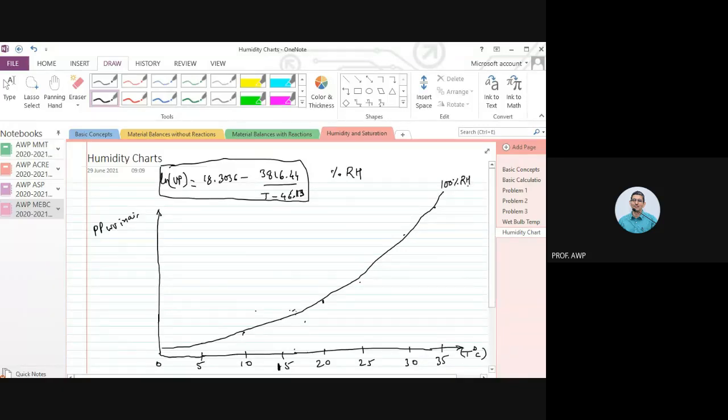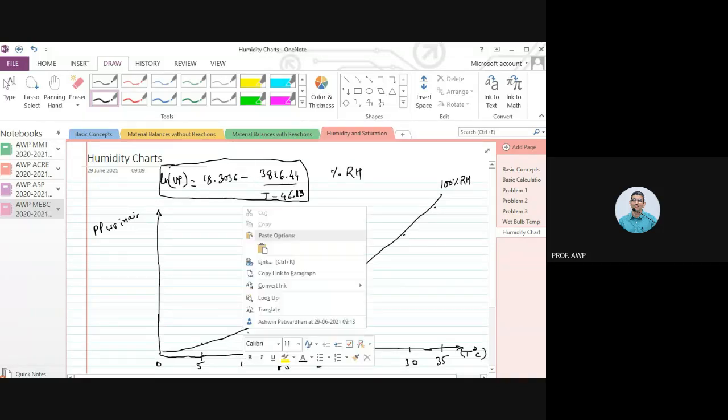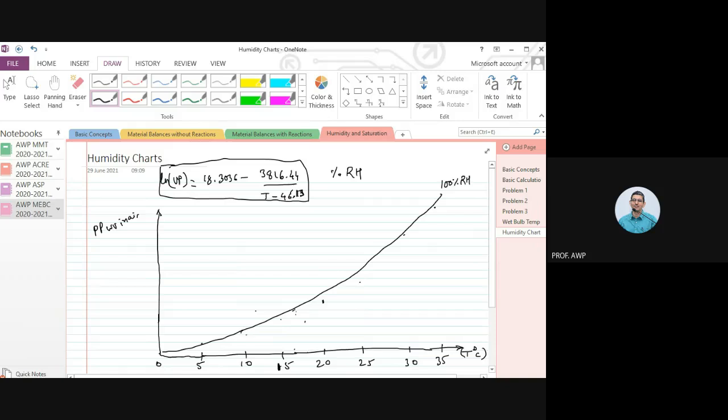Now suppose I have 50% RH, and I want to find out partial pressure at 10 degrees centigrade. I will find the vapor pressure, that is this value. I'll take 50% of that, and then I will plot that point.